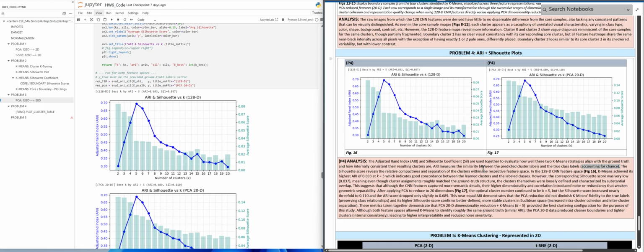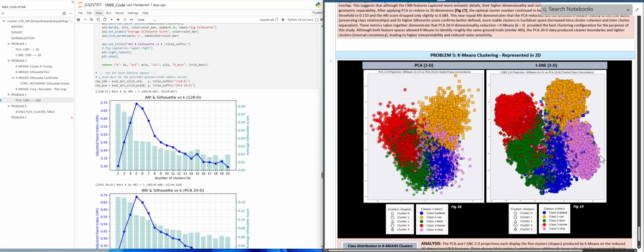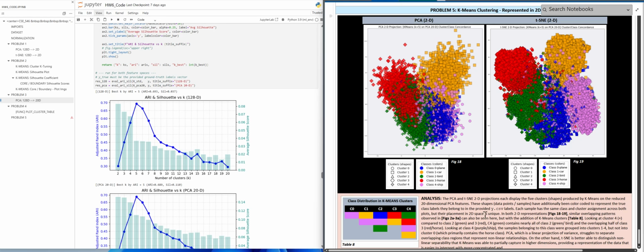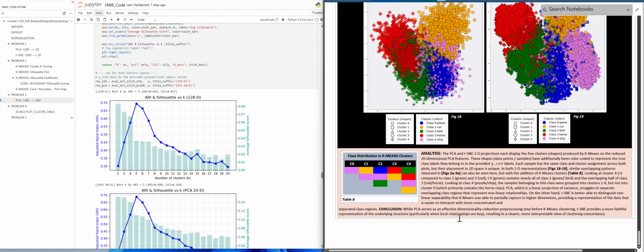So this became the favorite configuration, and down here we take that configuration and reproject it into 2D space, and we talk about the concordance between the classes and the clusters.